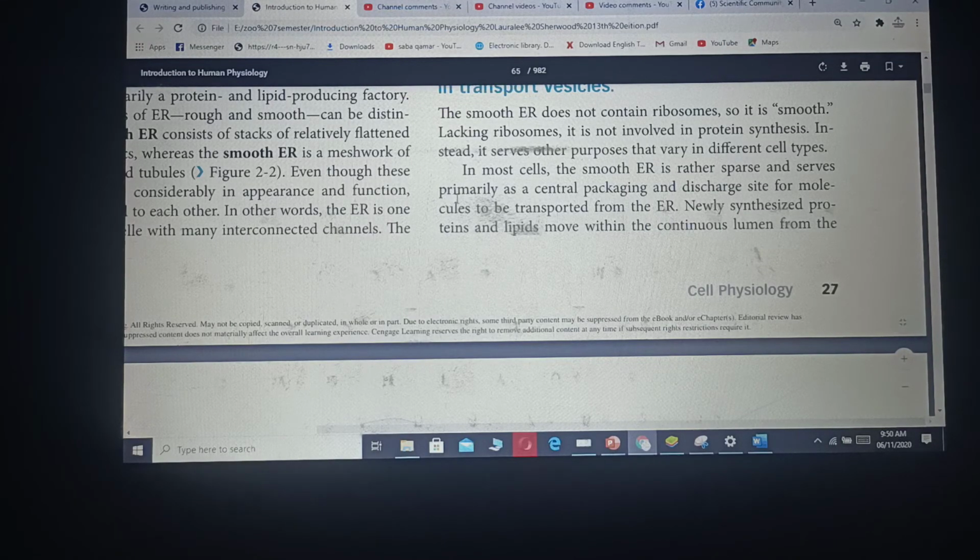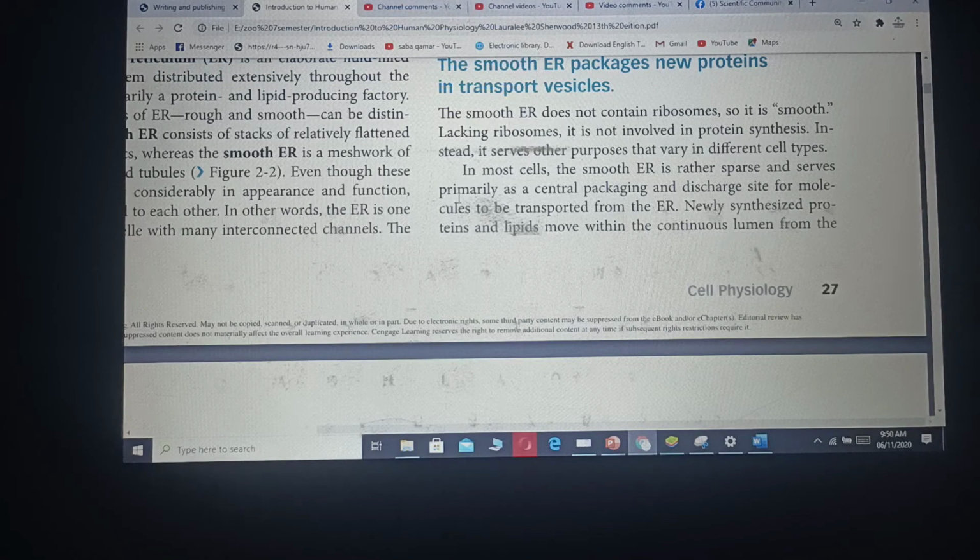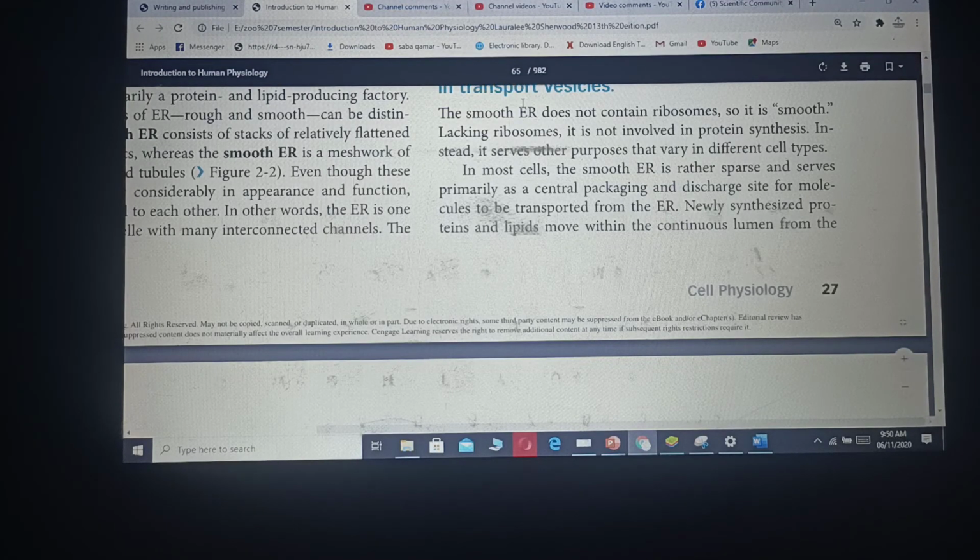They are also involved in the detoxification of different kinds of drugs. They are also involved in lipid biosynthesis, and the last and important role, that is modified smooth endoplasmic reticulum, also known as sarcoplasmic reticulum, which releases calcium during muscle contraction. So they play an important role in muscle contraction.